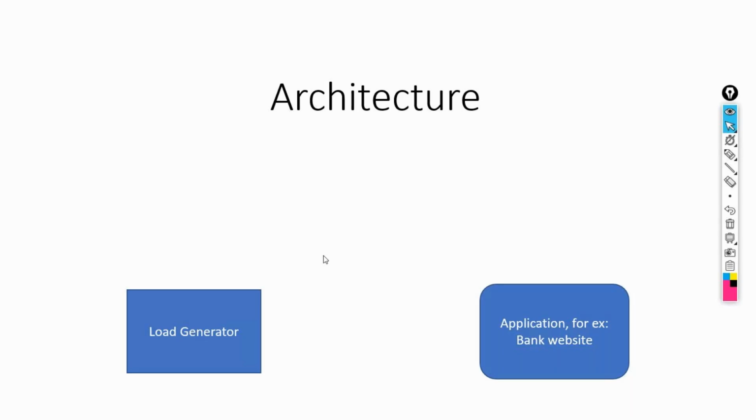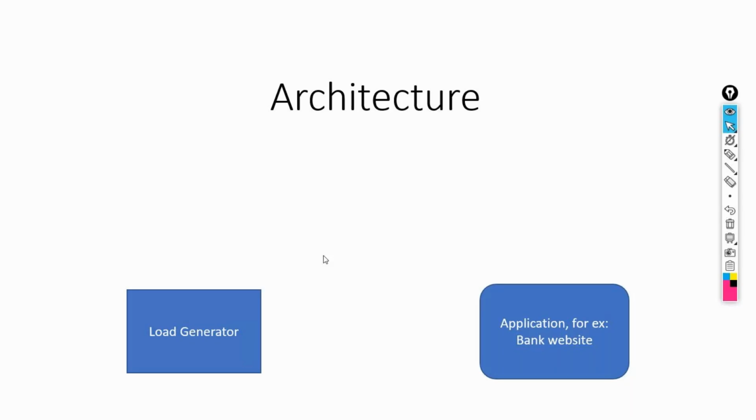Again, it depends on other factors also, but we will discuss those later. For the time being, just understand that the number of users it can generate will be decided by the capacity or configuration of the load generator machine. Let's say we have 16 GB RAM for that machine, so maybe it can generate some 3000 users, considering other factors as well.